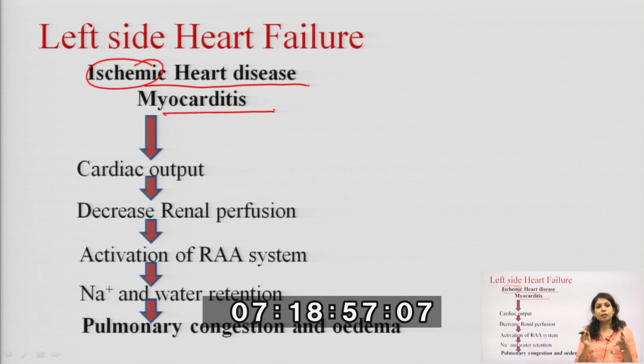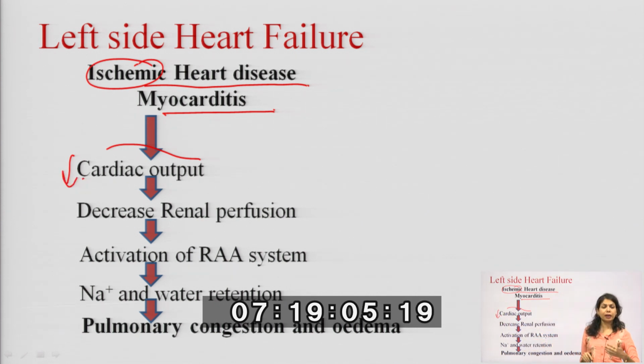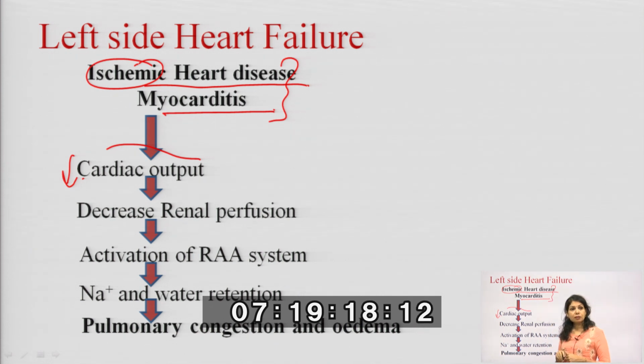When these both conditions are there, what will happen? There is decreased cardiac output. Cardiac output means the amount of blood that is pumped out in one minute. So, cardiac output will decrease when the patient is suffering from these diseases.